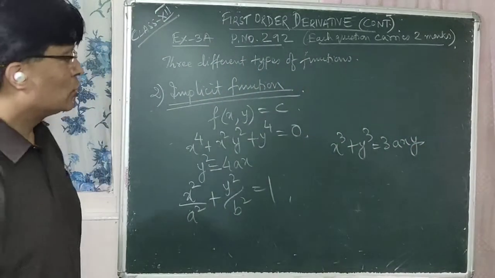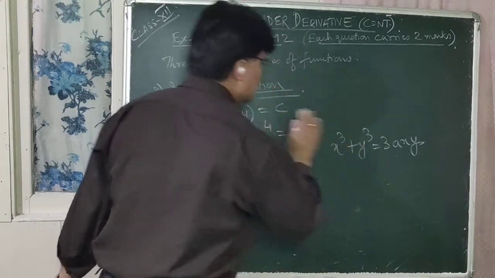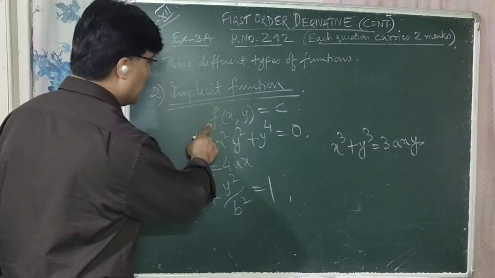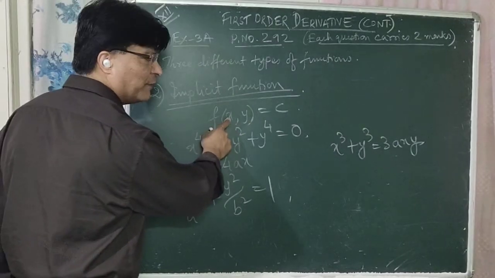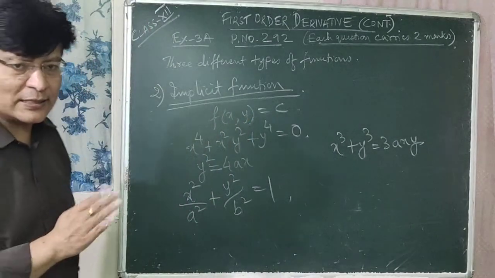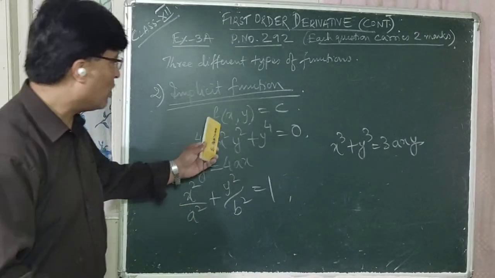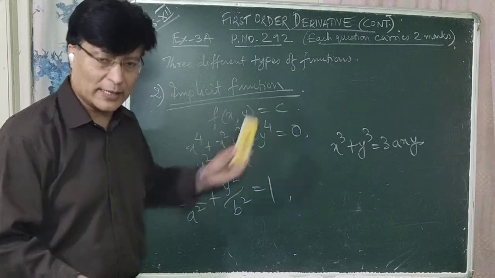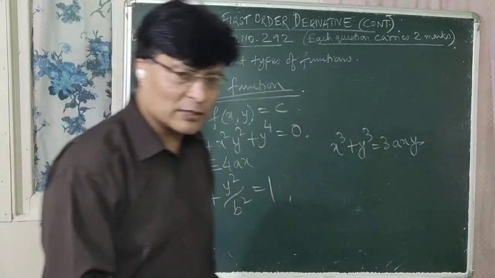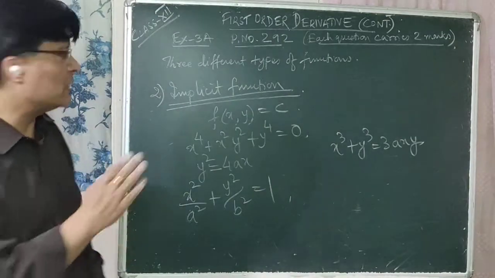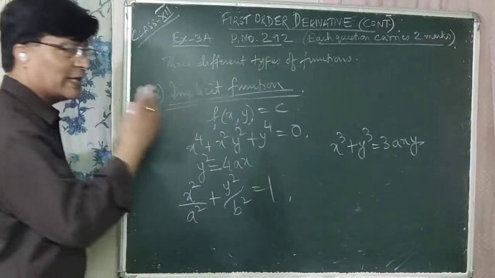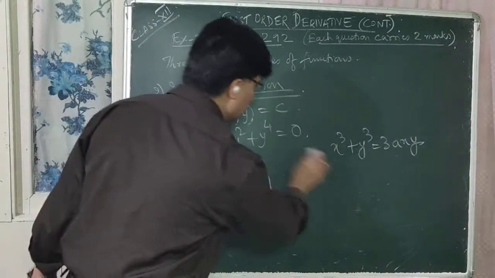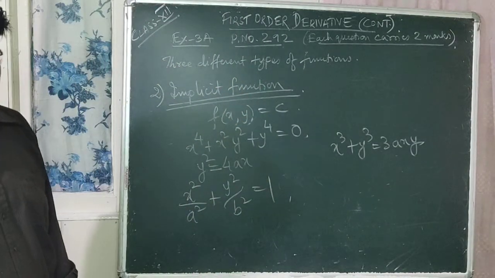So if there is a relation in terms of x and y, that is f of x, y, a function of x, y, then that relation is known as the implicit function and the equation is known as the implicit equation. So these are all examples of implicit equation.